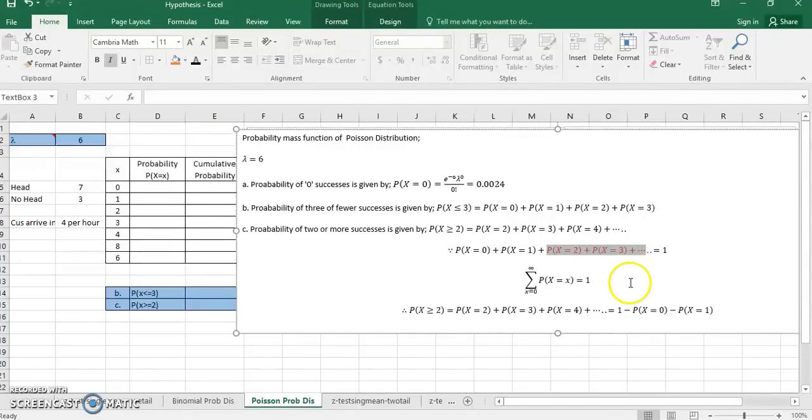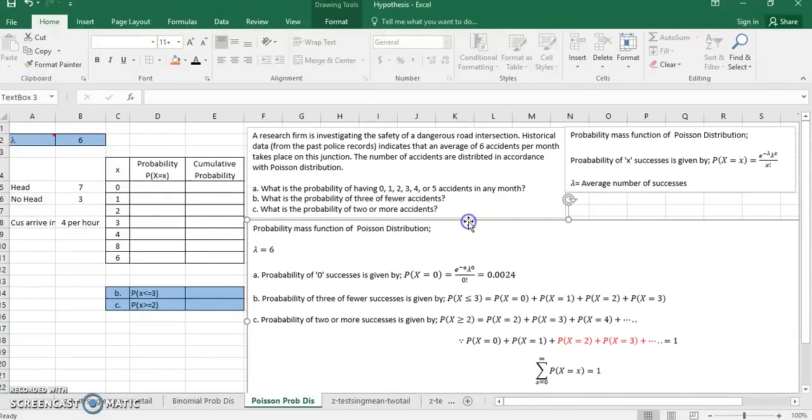It is pretty easy algebra to see that I can just take these two terms to the right hand side, and that can be given by 1 minus the probability of x is equal to 0 and x is equal to 1. So I can calculate P of x greater than or equal to 2 by 1 minus the probability of x is equal to 0 minus the probability of x is equal to 1. I've just taken these two terms to the right hand side. So this is exactly how you can solve it manually.